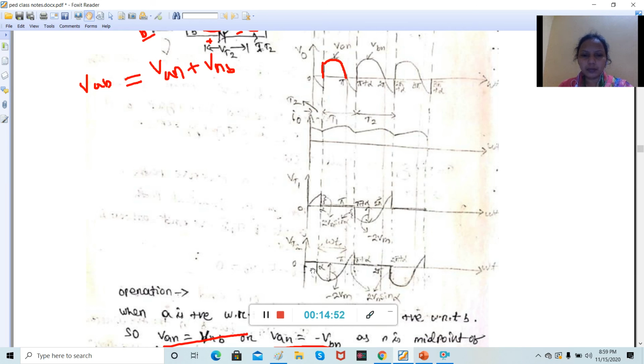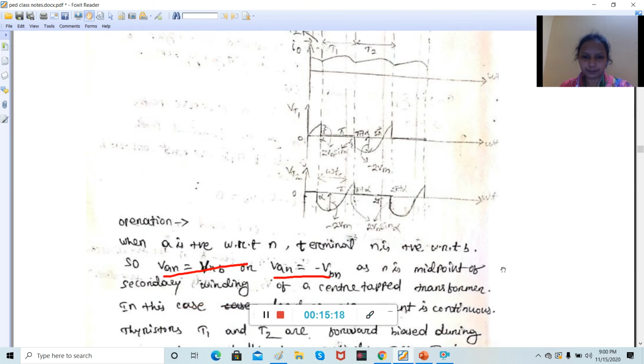Similarly when thyristor T2 is conducting, the voltage across it is 0, from 0 to alpha and pi plus alpha to 2 pi, and the rest is the blocking voltage. Here the peak level is minus 2 Vm because thyristor T2 is reverse biased by a voltage 2 Vm sin alpha.